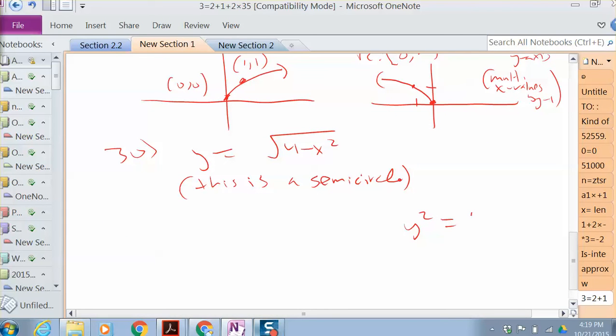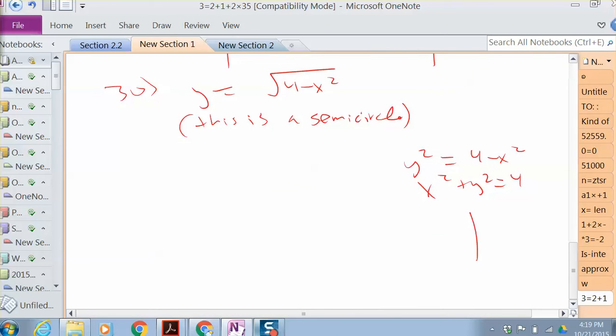If you were to square both sides and move x squared to the other side, you would get the equation of a circle, which of course has a radius of 2, center 0, 0. So that's essentially what's happening here.